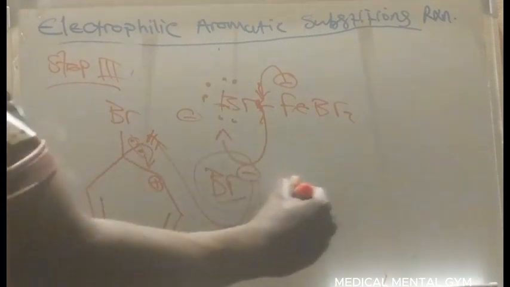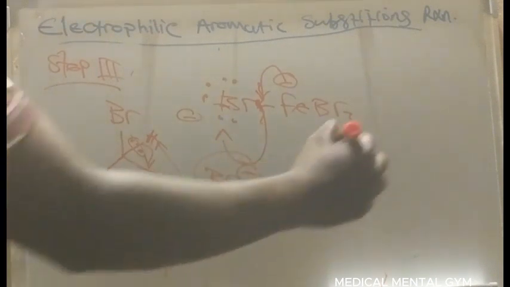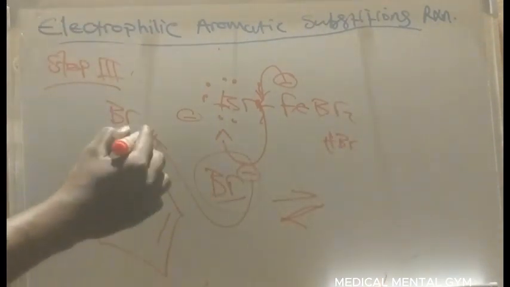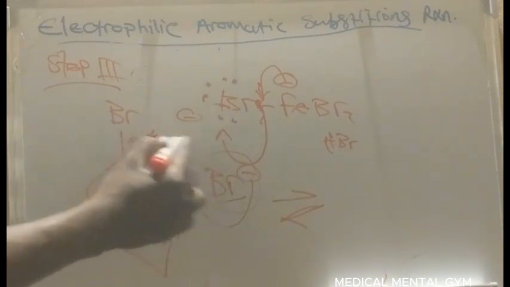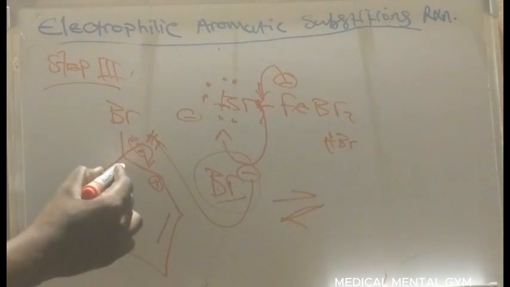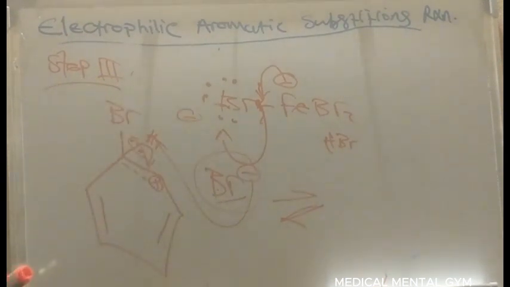And as a result of this reaction, we'll have hydrogen bromide being formed as a result of this union of the hydrogen and the bromine. And the resulting carbon now forms a pi bond system to stabilize the positive charge.